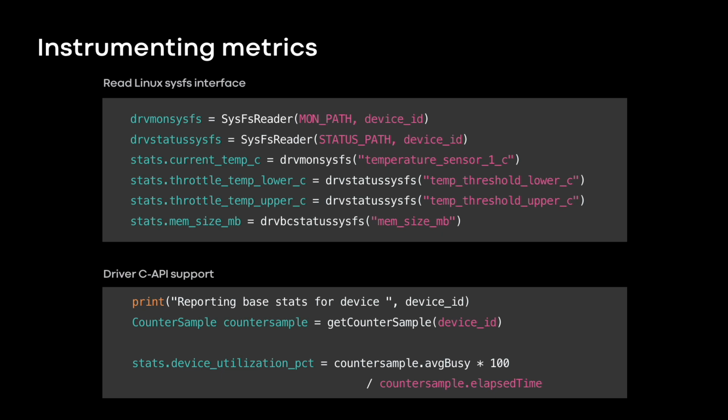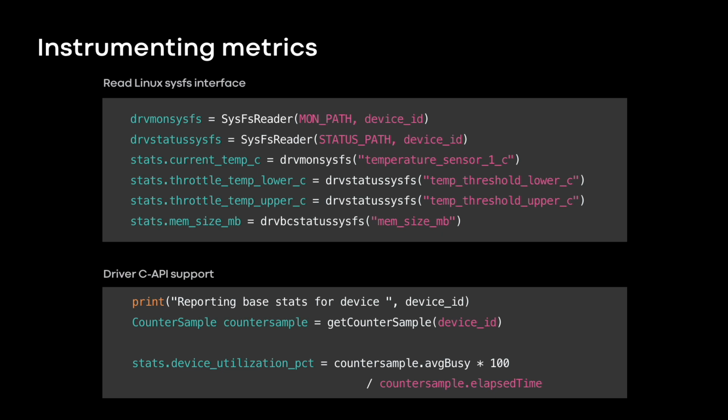In this first example here, we're reading various sysfs files, and then assigning them to standard metrics on the Asimov interface. In the second example, we can see that we're actually calling a C library, picking up metrics from there, and then defining a derived metric called device utilization.